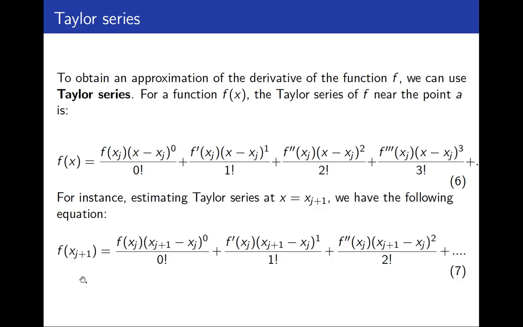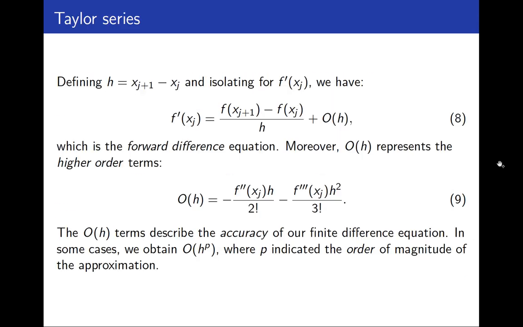So you see that in order to estimate this value, I need the value of the function evaluated at x_j. I also need the first derivative evaluated at the point x_j, and so on. I'm just considering second derivatives, but you can go on. You can obtain the third derivative, the fourth one, and so on.